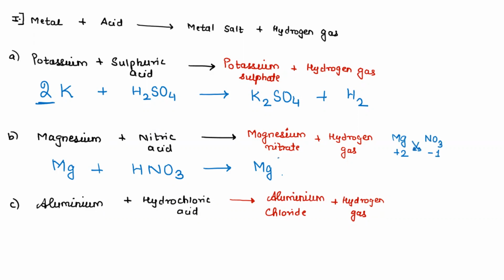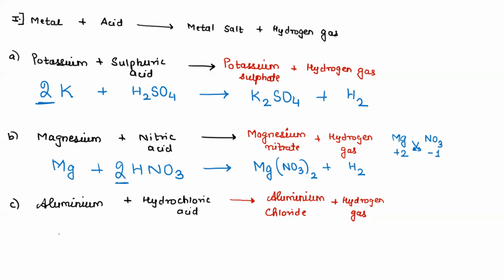Crisscross: Mg bracket NO3 the whole twice, plus H2. Hydrogen gas will always be diatomic, so plus H2, so it will be 2 HNO3.